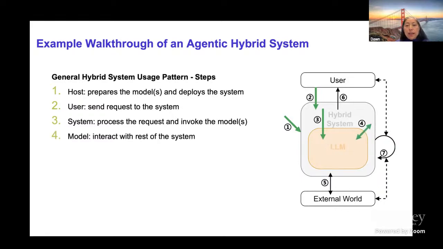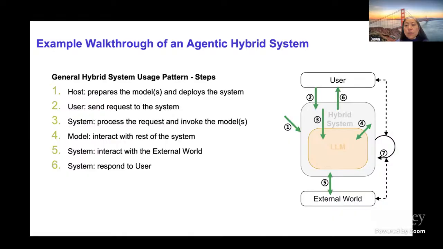The prompt then interacts with the rest of the system by generating the outputs, and then the rest of the system may further process the outputs. And then the system can also interact with the external world from the final generated output, and can take the final actions on the external world as well.